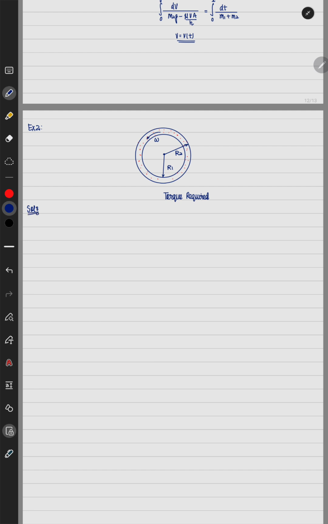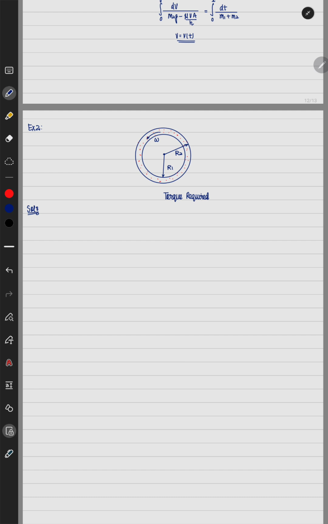if the inner cylinder is rotating, the fluid at the inner cylinder will have the same velocity as that of the inner cylinder. Suppose this inner cylinder is rotating with angular velocity omega. So what is the velocity at the surface of the inner cylinder? Omega into r1. The outer cylinder is kept at rest, so the outer cylinder velocity will be 0. The fluid just adjacent to the inner cylinder will have the same velocity as the inner cylinder due to the no slip condition.